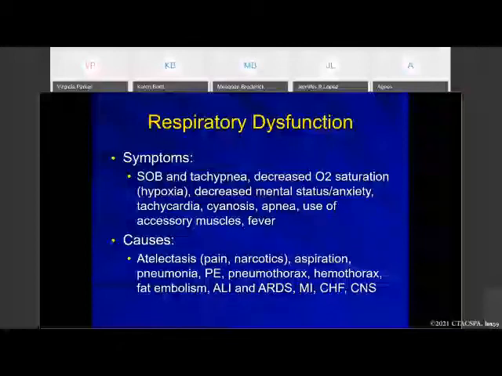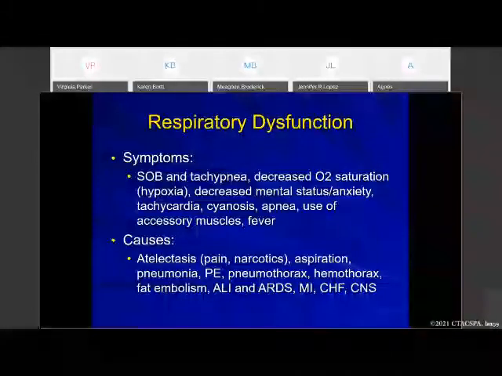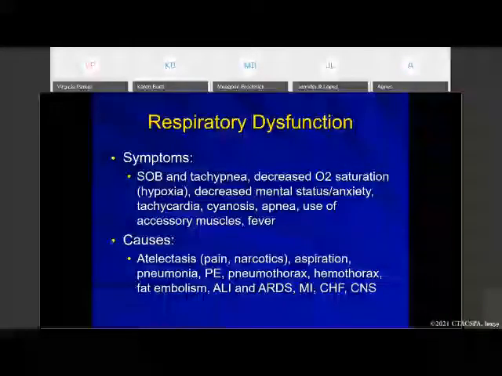So respiratory dysfunction. Usually if you have symptoms of respiratory problems, you have shortness of breath, tachypnea, decreased O2 saturation, decreased mental status, tachycardia, cyanosis, apnea, use of accessory muscles, fever. In the middle of the night, if someone calls and says the patient is having difficulty with their oxygenation, you go see the patient.